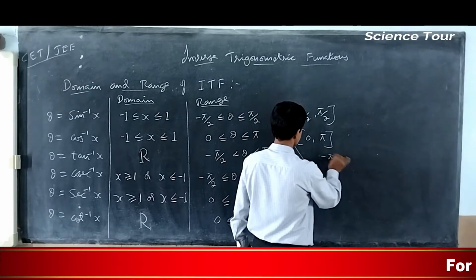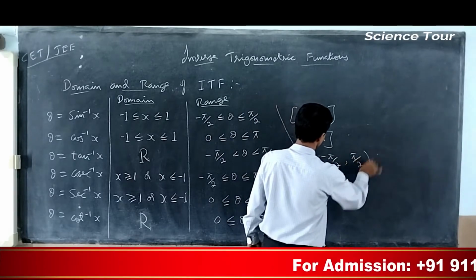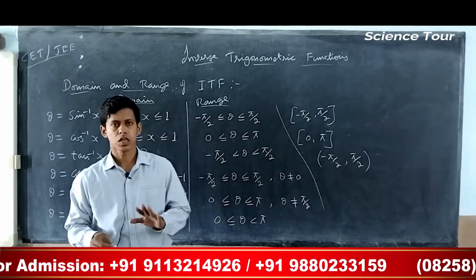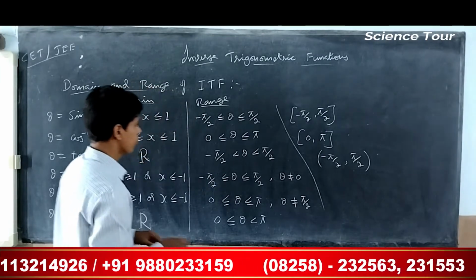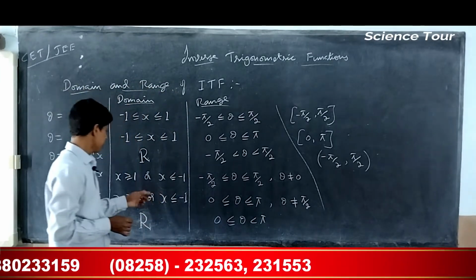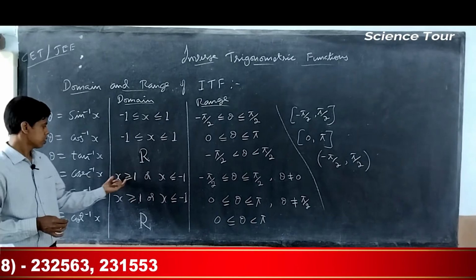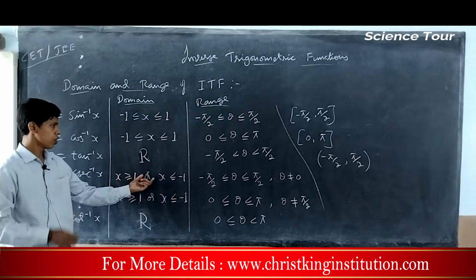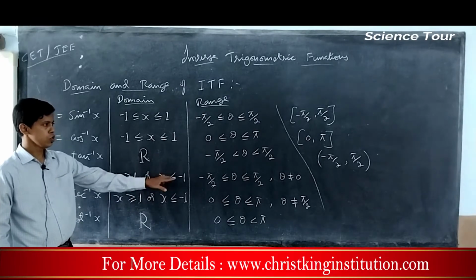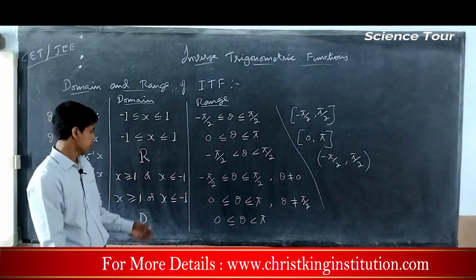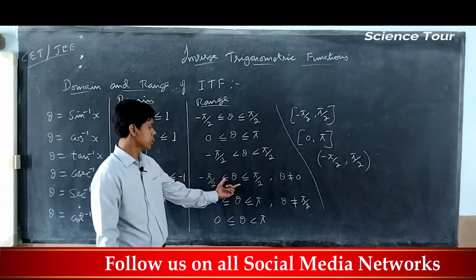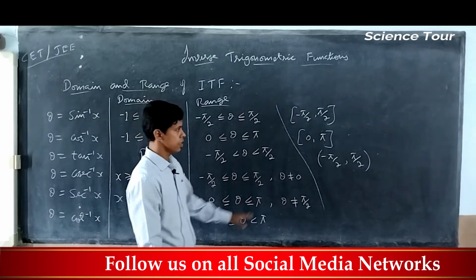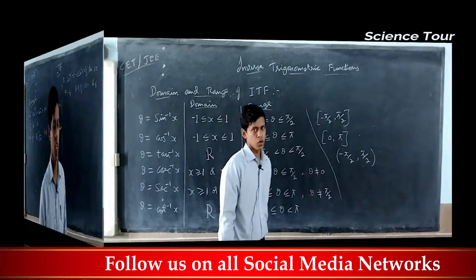When you write this, you don't use closed interval because the boundary values are not included, therefore I write open interval. Coming to this point, for cosec inverse, x is greater than or equal to 1, or x is less than or equal to minus 1. And the range is between minus 90 to 90, where theta is not equal to 0.